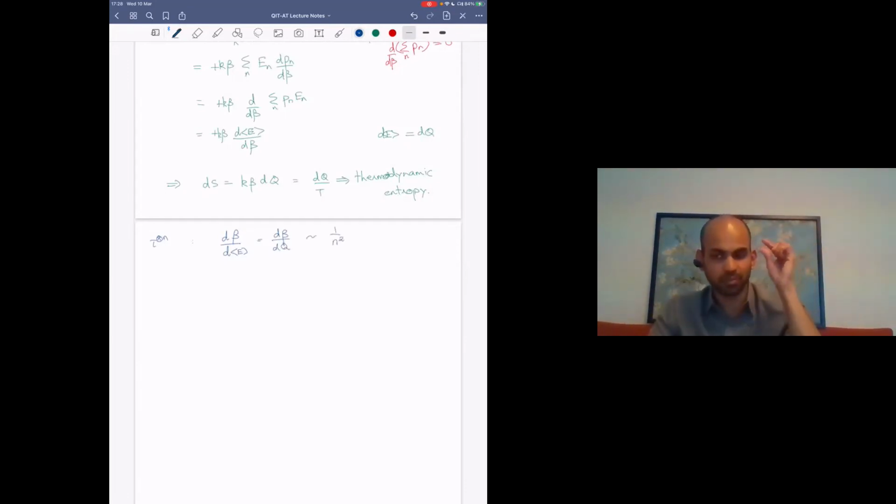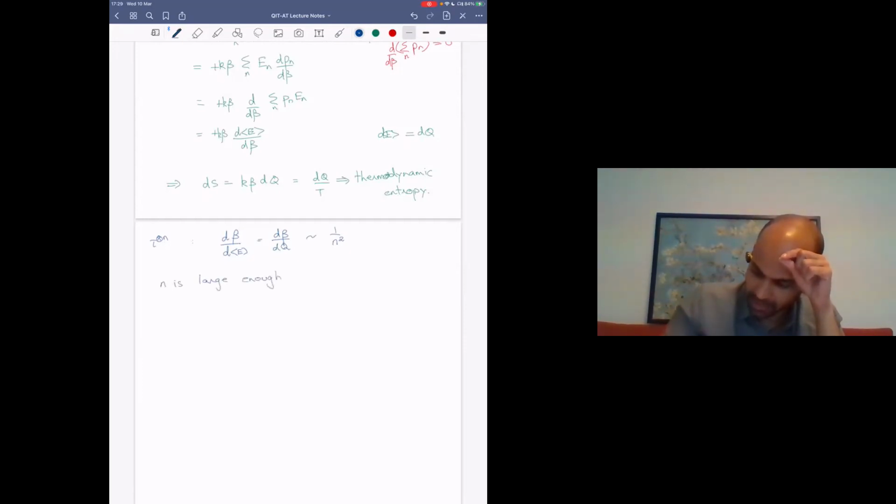Meaning that if I give a particular unit of energy to a single copy of a system, the temperature change of that compared to the temperature change if I gave the same amount of energy to n copies of the system, the temperature change with n copies would be 1 over n squared. Therefore, if n is large enough, I have that beta remains the same.